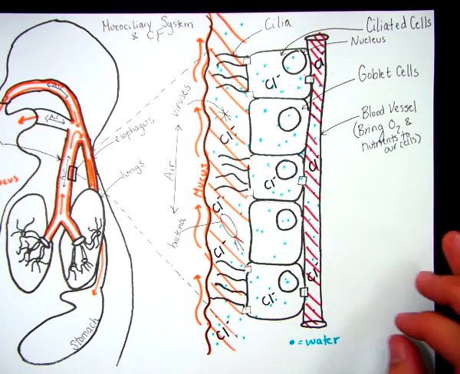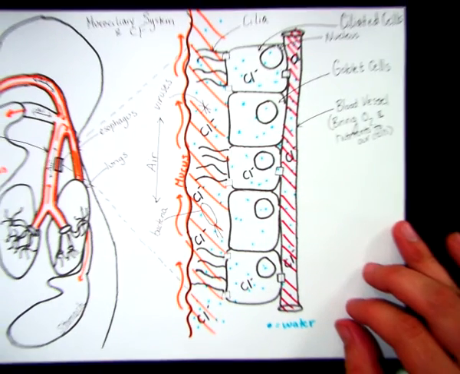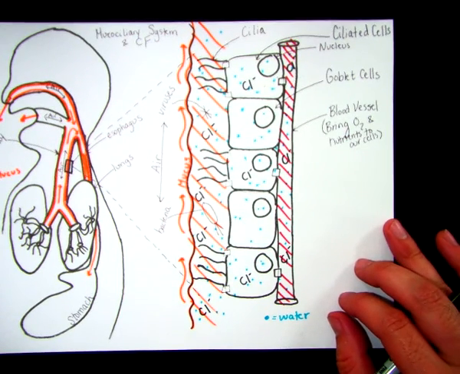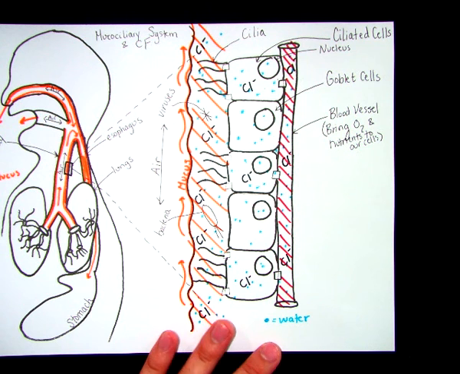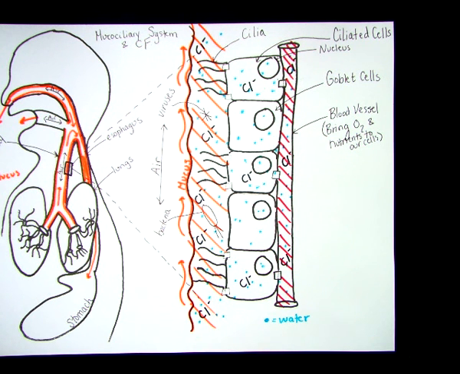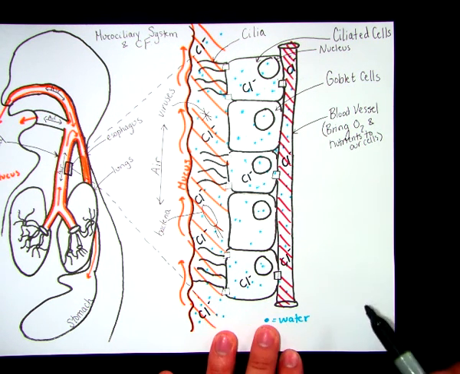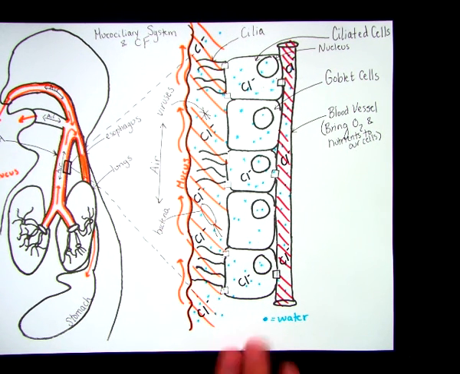Go ahead and add Cl minus across your diagram. So in the mucus, the ciliated cells, and the bloodstream, we're going to indicate a few chloride ions.